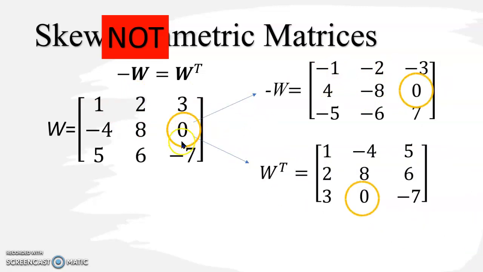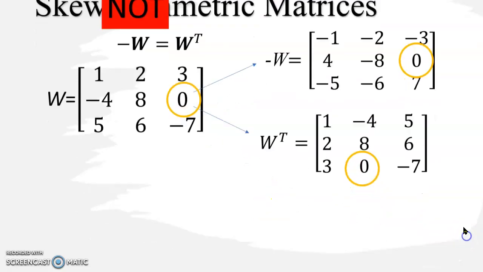I also noticed that the zeros didn't change signs. In fact, 0 is not a positive or a negative number. It is the dividing point between negative and positive, but it doesn't have a sign.